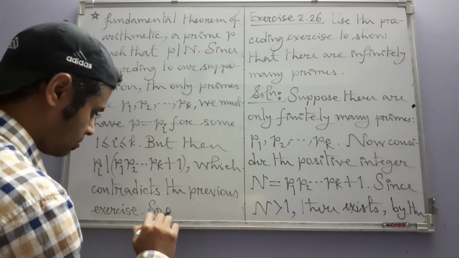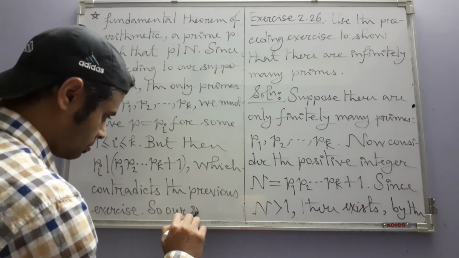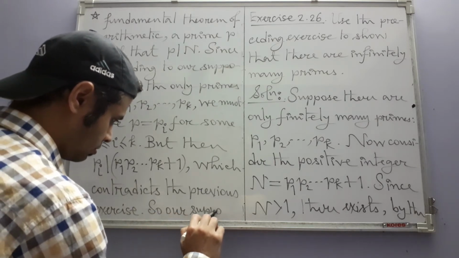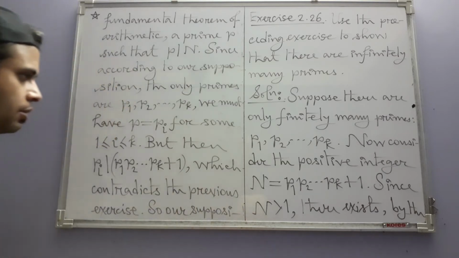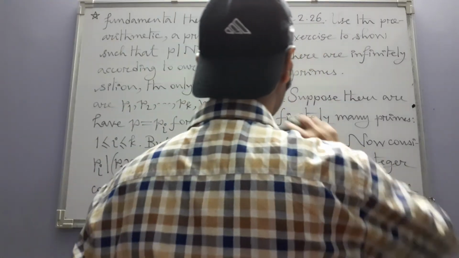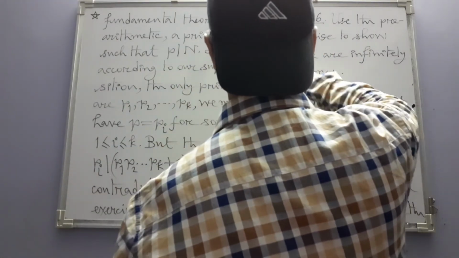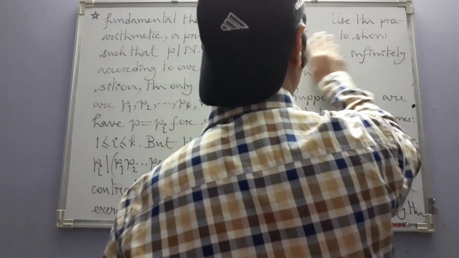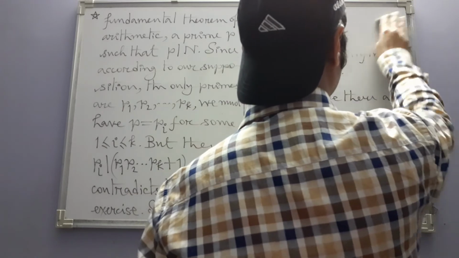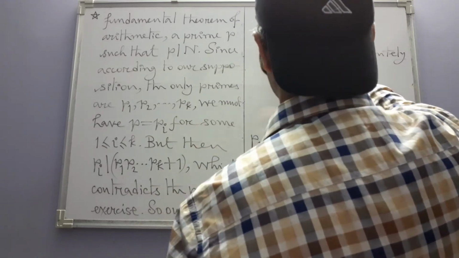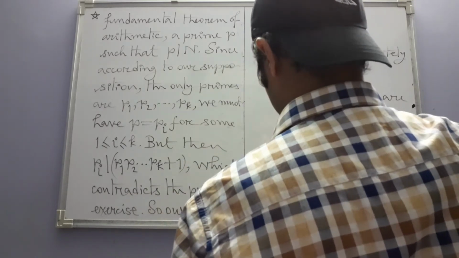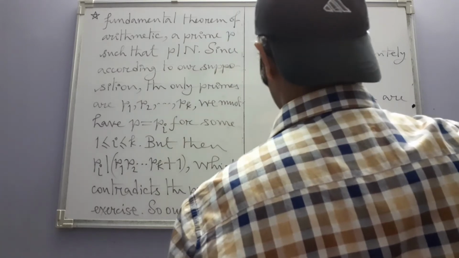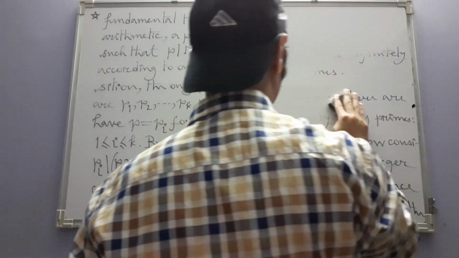So our supposition is wrong. That means there are infinitely many primes.